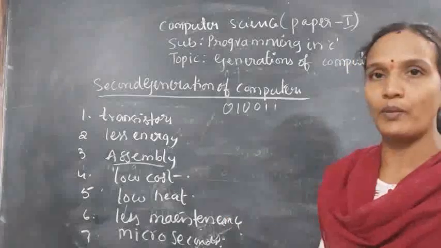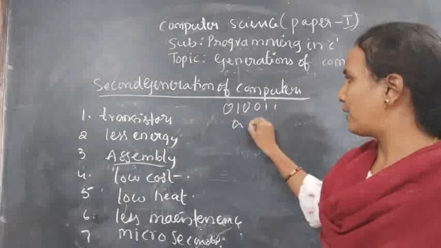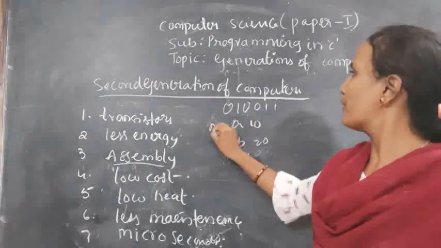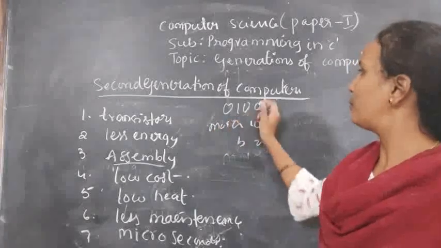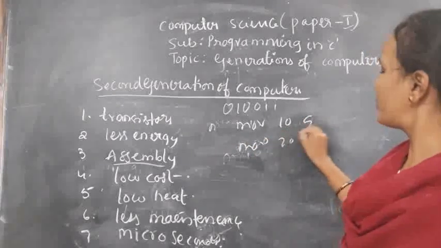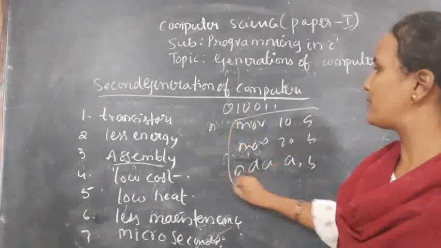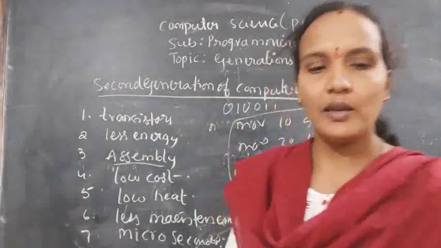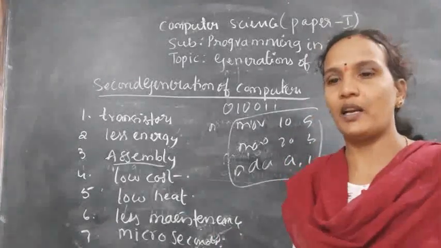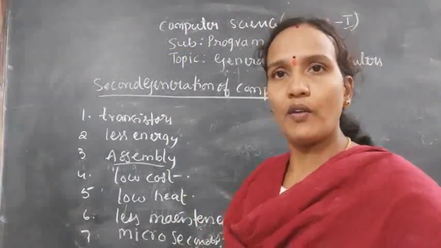If you want to add two numbers: move 10 to A, move 20 to B, next add A comma B. This is a simple instruction to perform the sum of two numbers. So it is also called a coding language. Whatever instructions you want to give, you give in the form of codes.